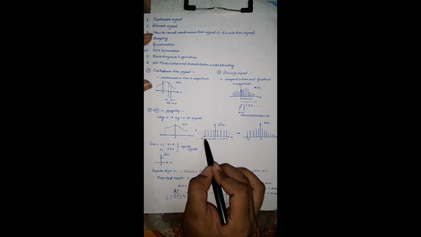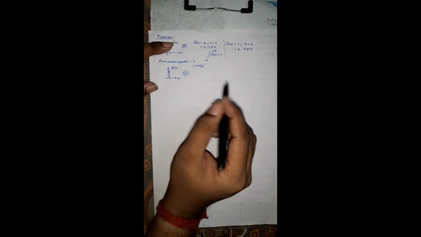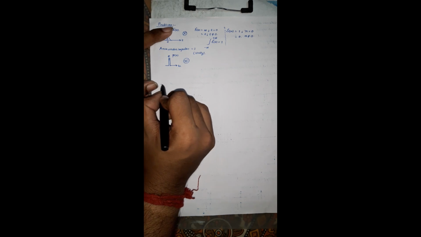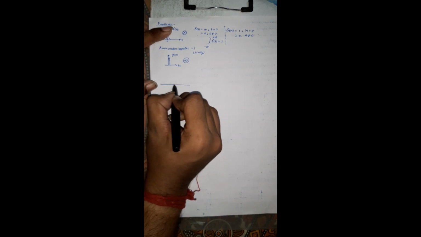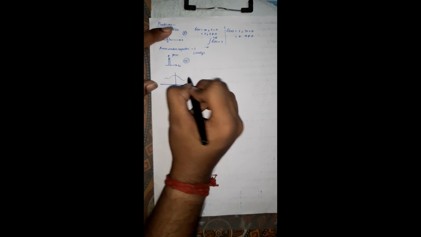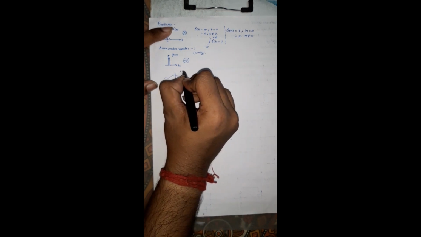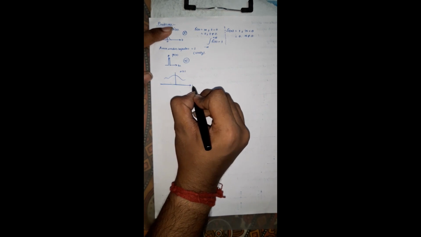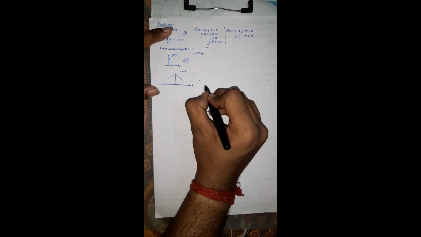Now we can say that what we were doing in the previous case is also not possible. As in the previous case, what we were actually doing is multiplying a continuous time signal, x(t), with an impulse train.